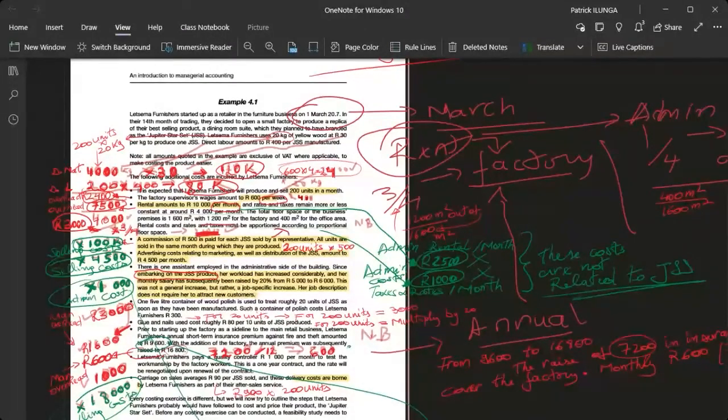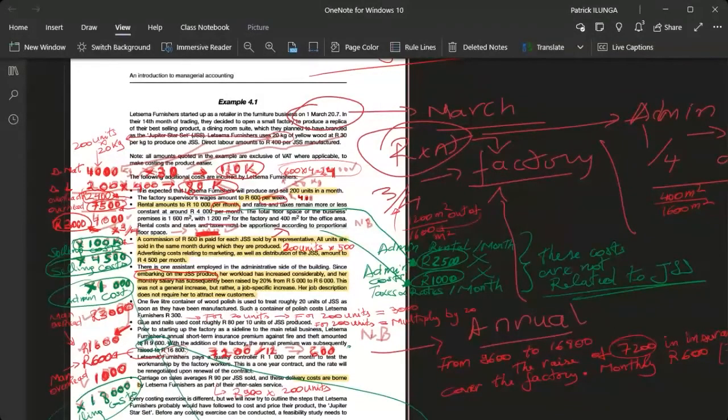So 3/4, for example, in this example. But if you ask me how did you get 3/4? 1,200 divided by 1,600. Very simple. That gives you 75% or 3/4 or 0.75.